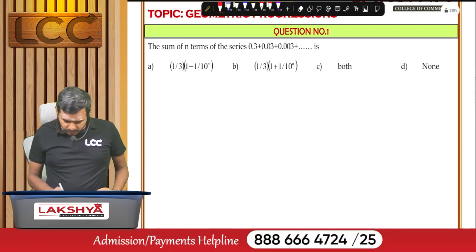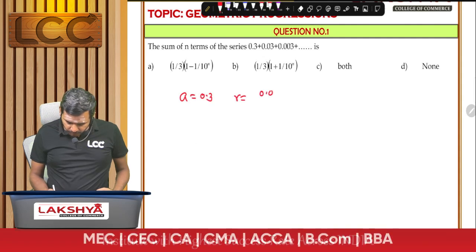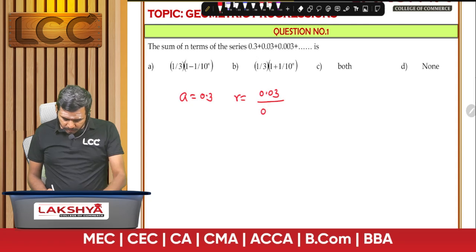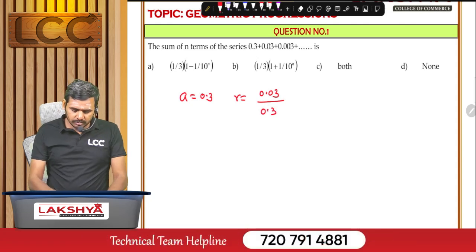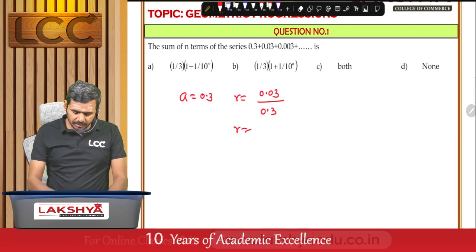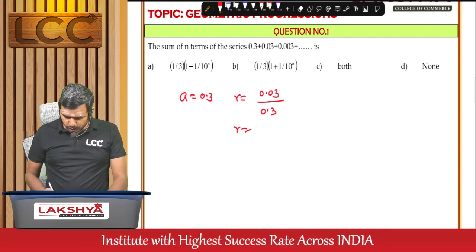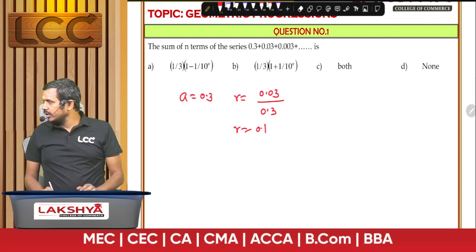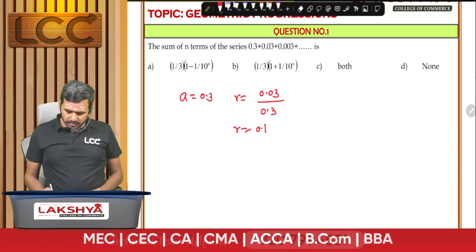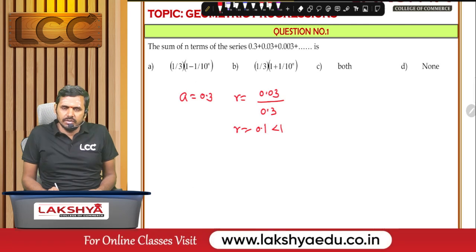See the question, what is a? a is 0.3, r value is 0.03 by 0.3. Therefore, r is equal to 0.03 divided by 0.3, which is 0.1. Is it less than 1 or greater than 1? It is less than 1.